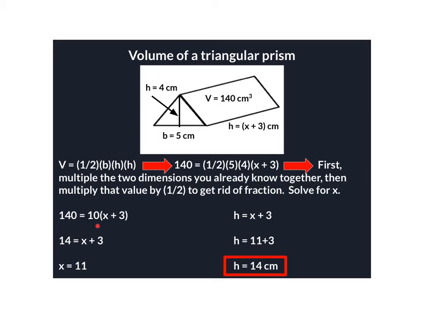So again, all I did here for this equation is divide the 140 by 10. That gave me 14. And then I divided this side by 10 to get x plus 3. Okay? So again, 140 divided by 10, 14. 10 times (x plus 3) divided by 10 gives me x plus 3.